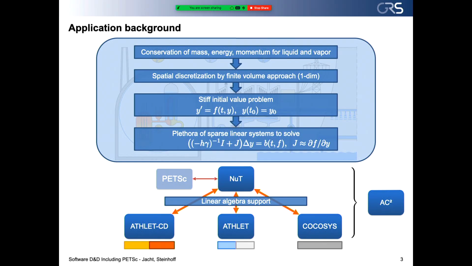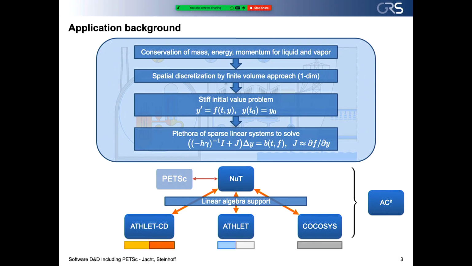Then comes some, I'd always call it, engineering magic, so that we finally end up with some stiff initial value problems, but with the independent variables being pressure, temperature of liquid and vapor, and some ratio value which tells you regarding the mass how much liquid and vapor you have in your control volumes. And all these control volumes are interconnected with mass flows.